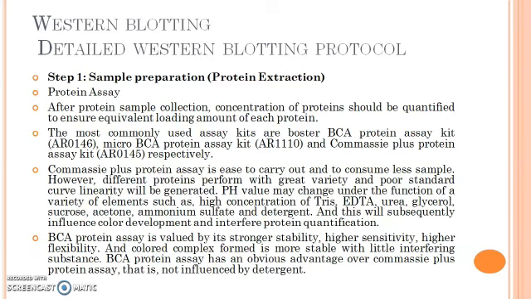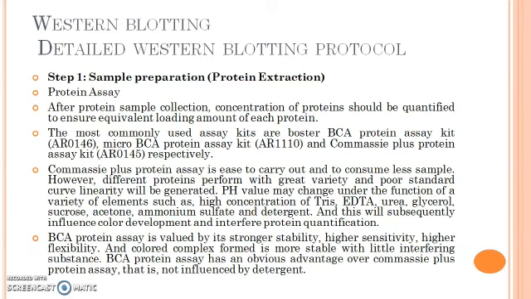However, different proteins perform with great variety and a poor standard curve linearity will be generated. The pH value may change under the influence of elements such as high concentrations of Tris, EDTA, urea, glycerol, sucrose, acetone, ammonium sulfate, and detergent.